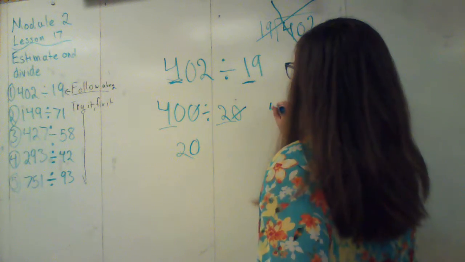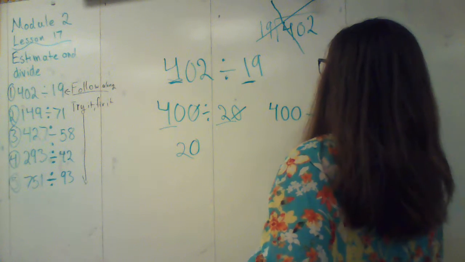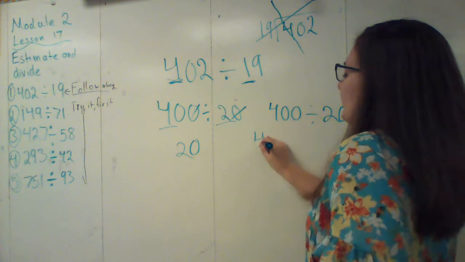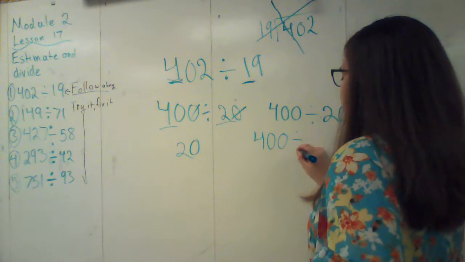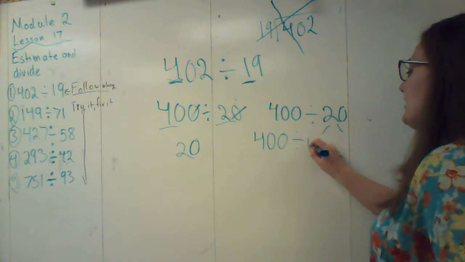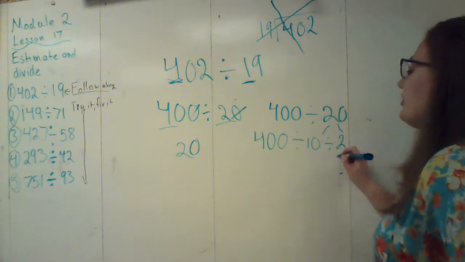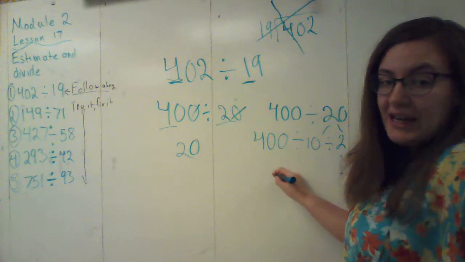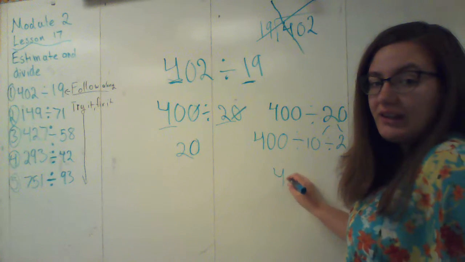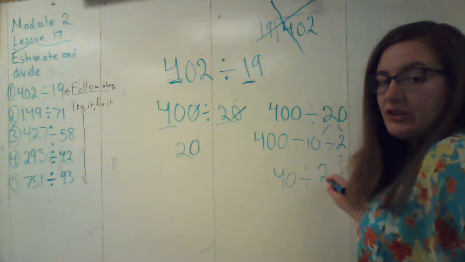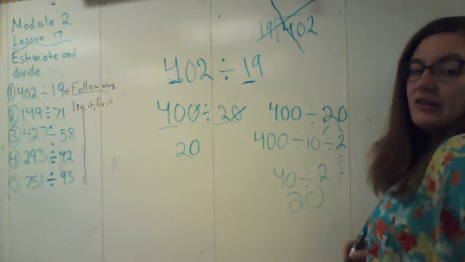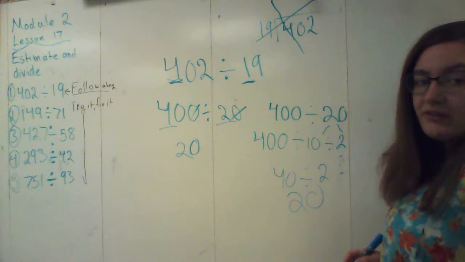Or I can solve this problem like 400 divided by 20. I could do 400 divided by 10 divided by 2. 400 divided by 10 is 40, and then 40 divided by 2 is 20. So there are 2 strategies to solve this problem.